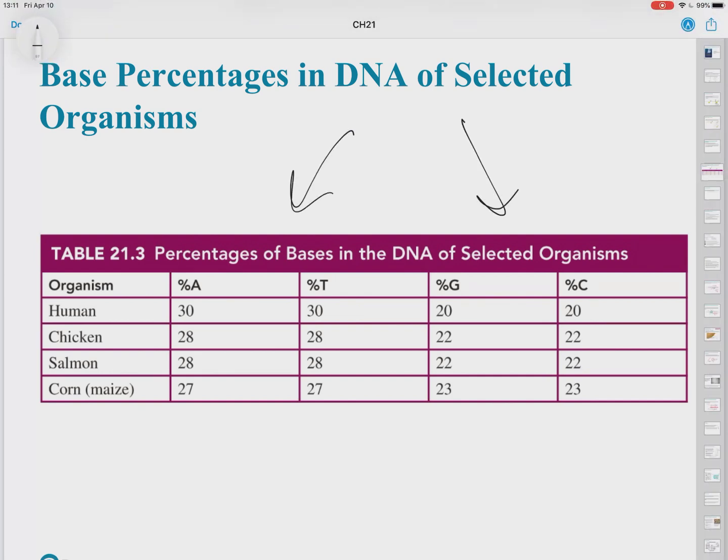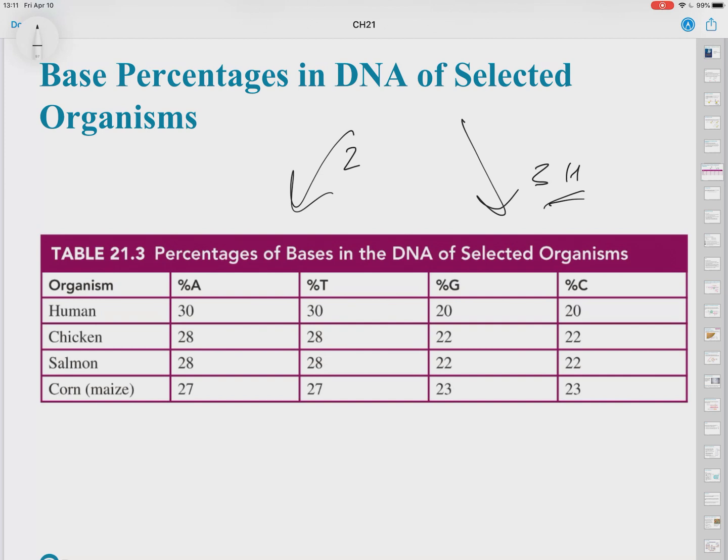Different organisms will have different ratios of A, T, and C, G. There are actually 3 hydrogen bonds between C and G and only 2 between A and T. And so for organisms that had a lot more GC, it took higher temperatures to get their DNA to separate because it had a lot more of the stronger bonds, or just additional bonds.